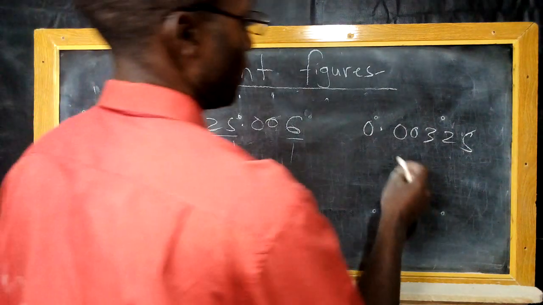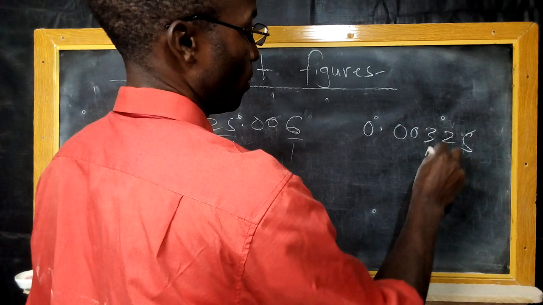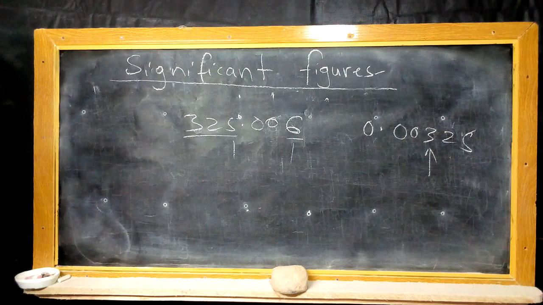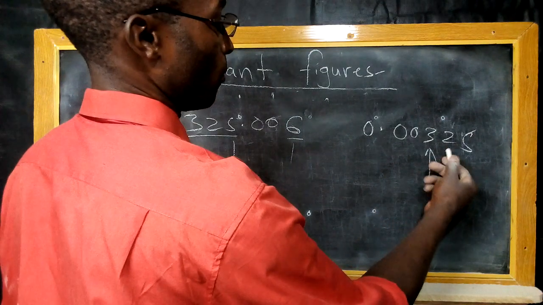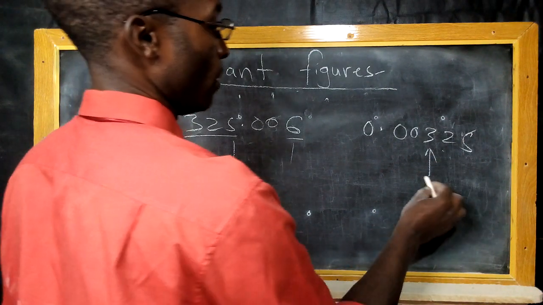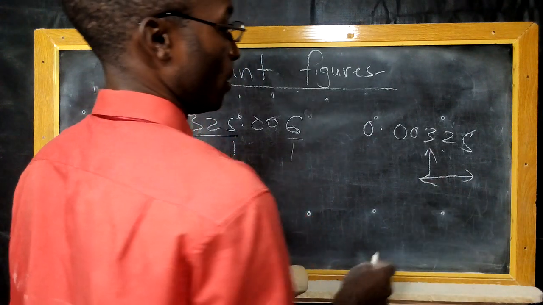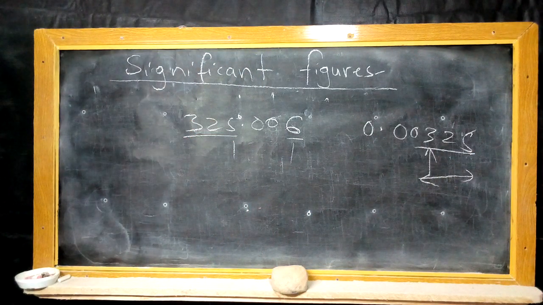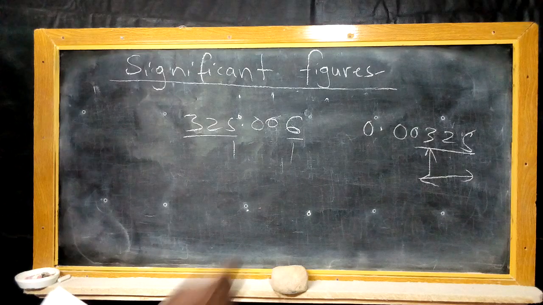So in this case, when the first non-zero digit, which is 3, starts in that number, then we can say that the significance starts from this particular point. So the significance of this value starts at this point, and those are just 3 figures which we are seeing that are significant.